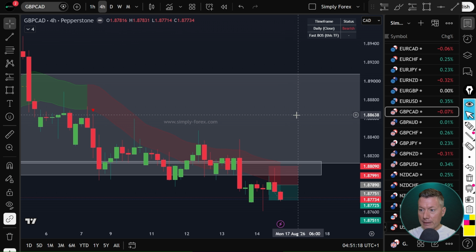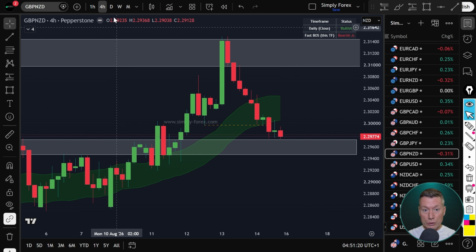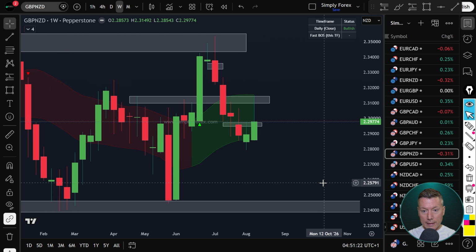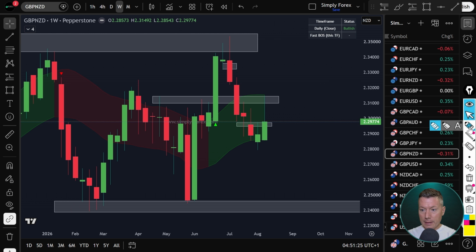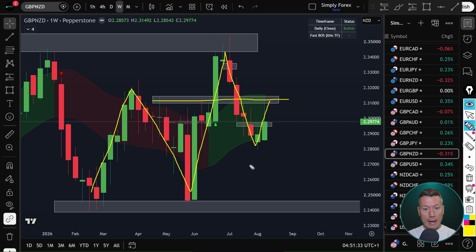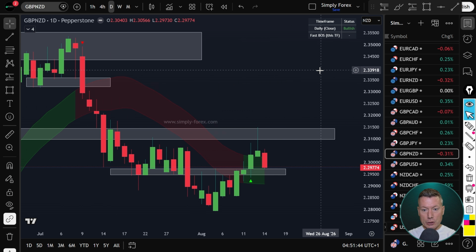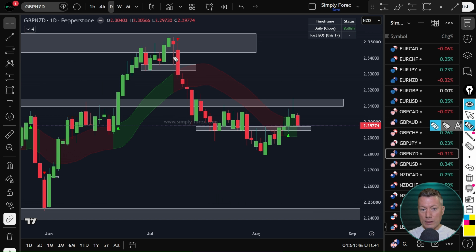Yeah, so pound Canadian dollar, guys, we like. Pound New Zealand dollar, we also like. Now, again, on the weekly, we're pretty much here, right? But you can see this level through here and the reaction we're getting, okay? So we are in this uptrend, but we've got such a bearish reaction at this resistance level. Now, if we go down to the daily chart now as well, for me, we're still in this downtrend, right?